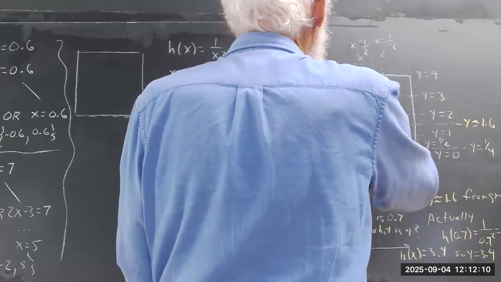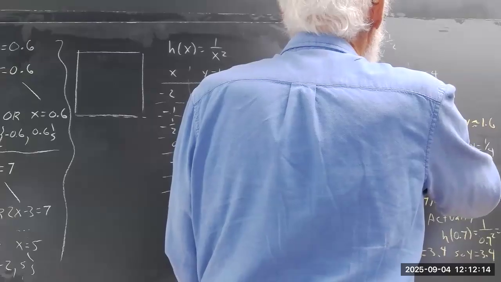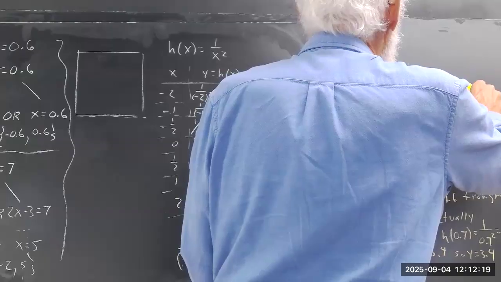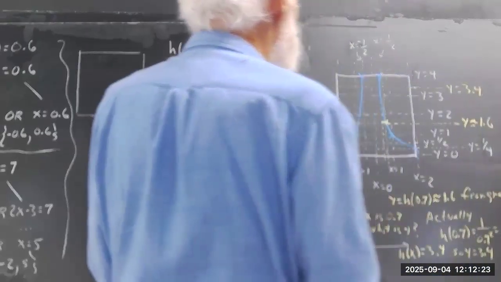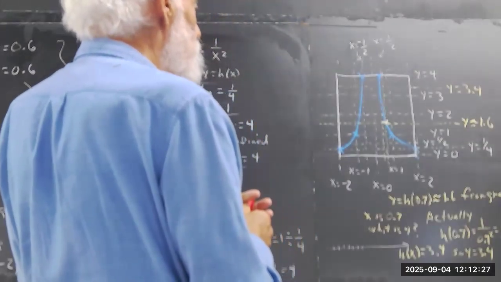But I'm just going to say, okay, well, here's a line a little less than halfway between 3 and 4. And we're going to say that this is a line y equals 3.4. And we're going to try to estimate x.